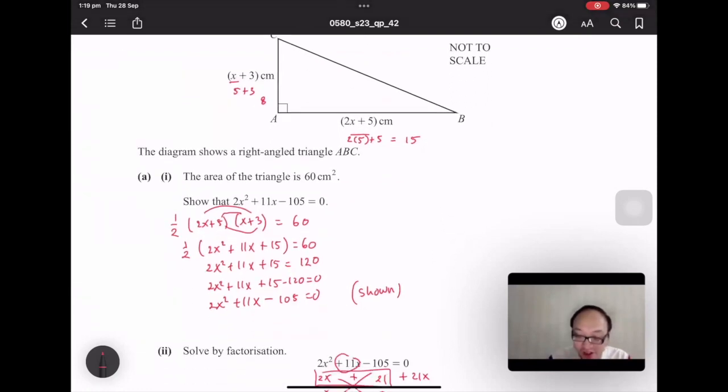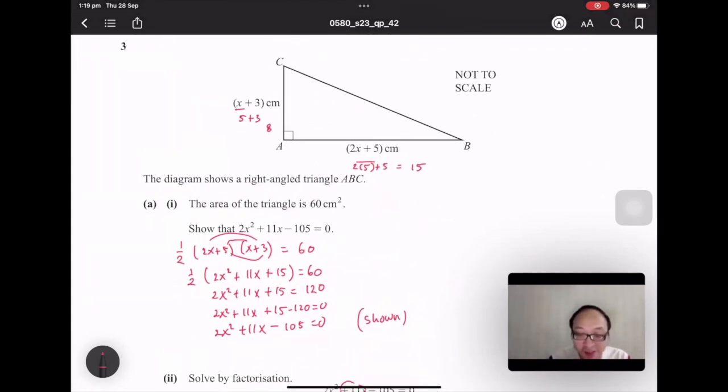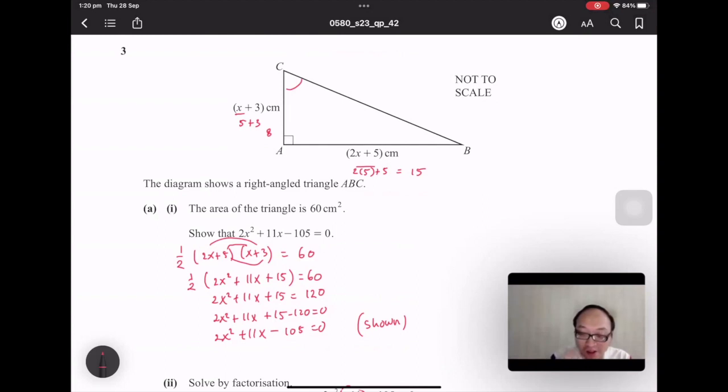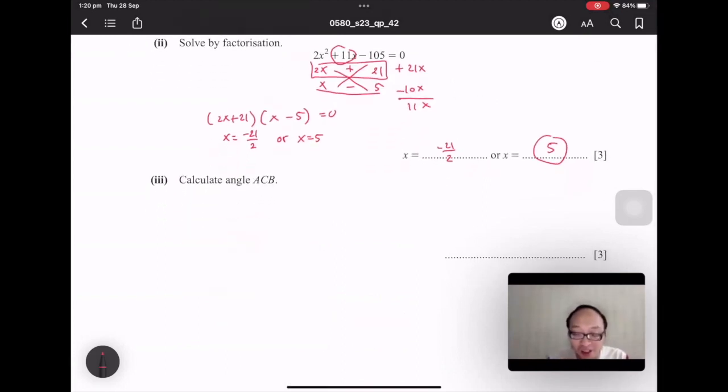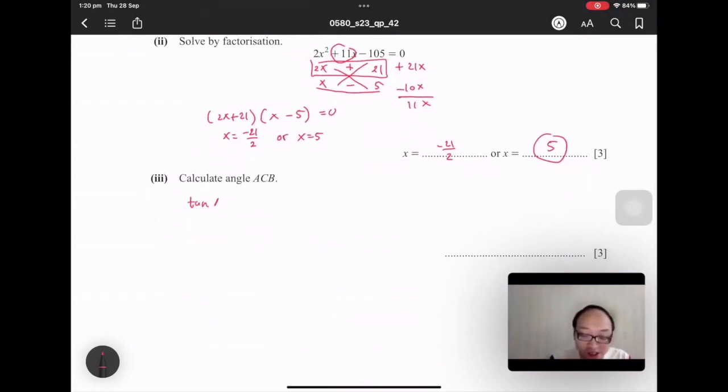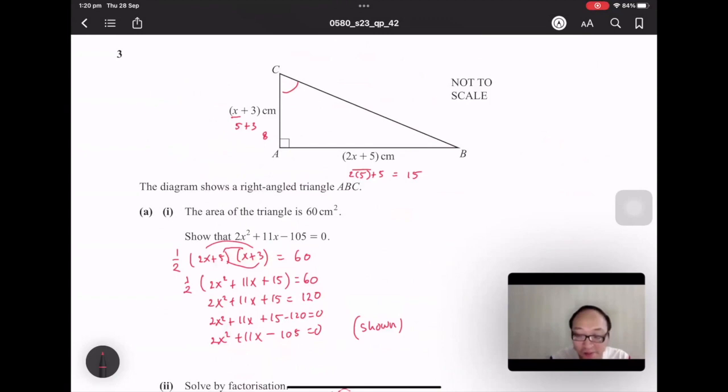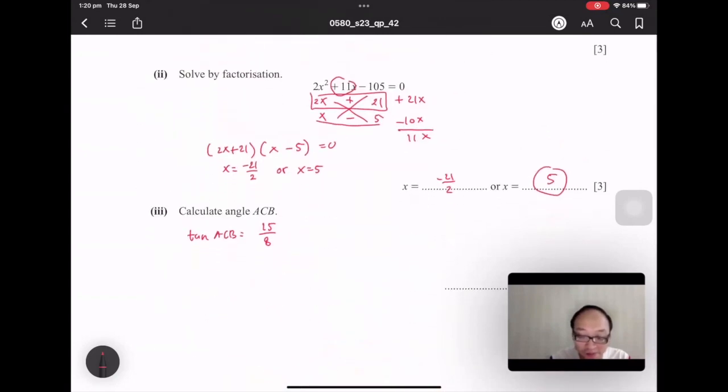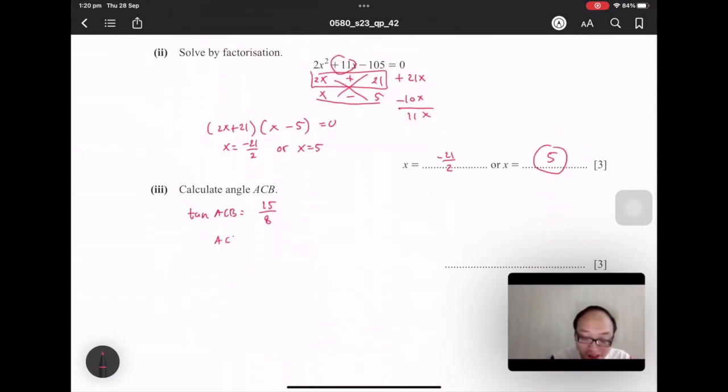So that means the angle of ACB, we can use tangent. So tangent ACB is equals to 15 over 8. So that means the angle ACB will be tangent inverse 15 over 8, 61.9 degree.